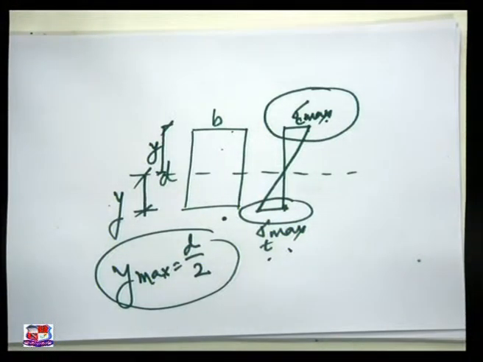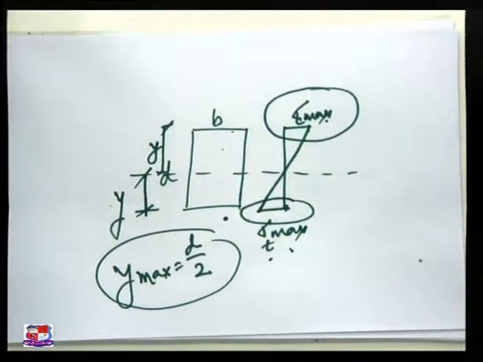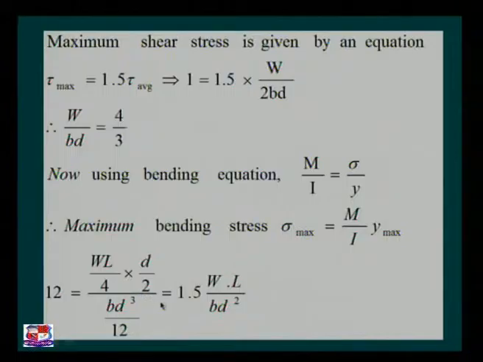So if we put all these values as visualized on the PPT, then sigma max value given to us is 12, M is WL by 4, Y max is D by 2, I is BD cube by 12.